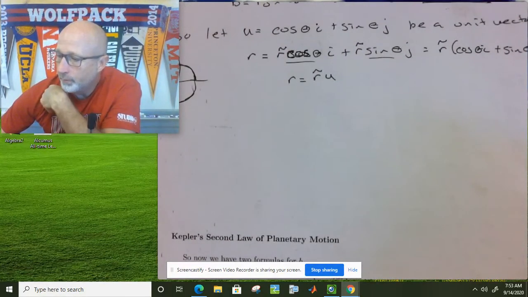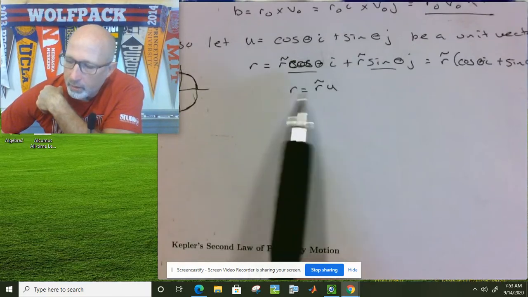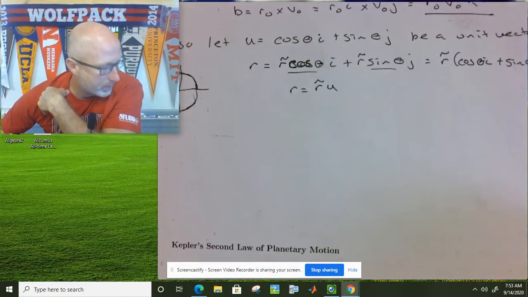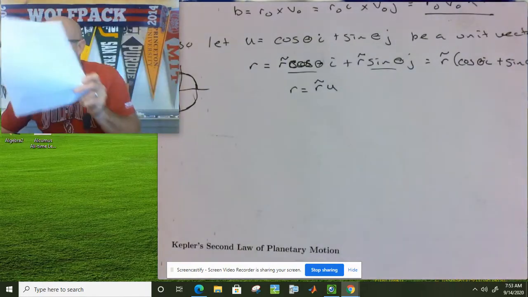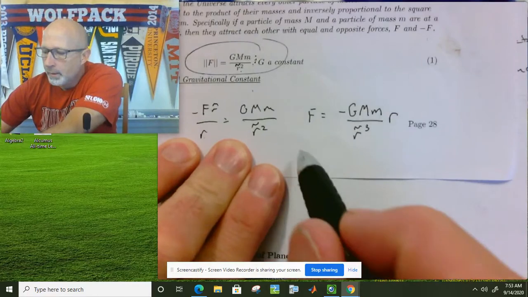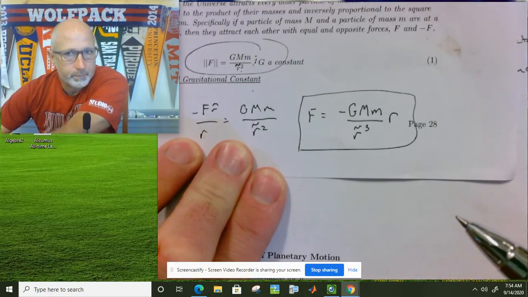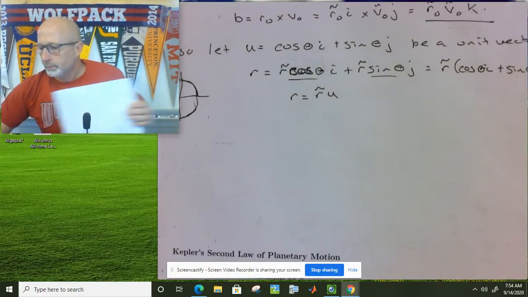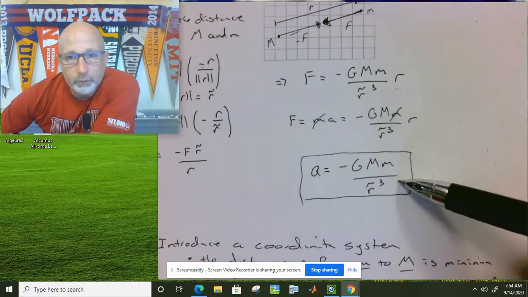So where do we go from here? Is there another equation that we have that has an r and an r tilde to it? And the answer is yes. If you go back to the equation that we had before right here, there is an equation that had r and r tilde in it, which, if you recall, we reduced to this.